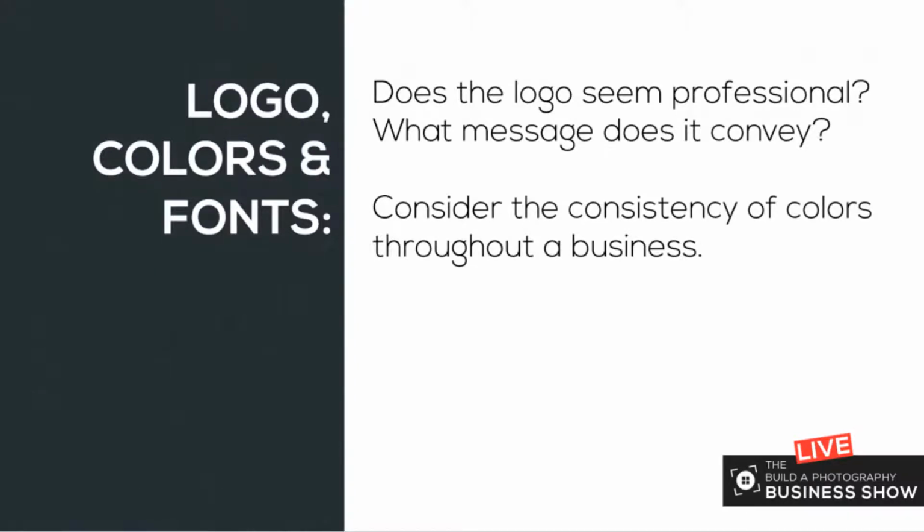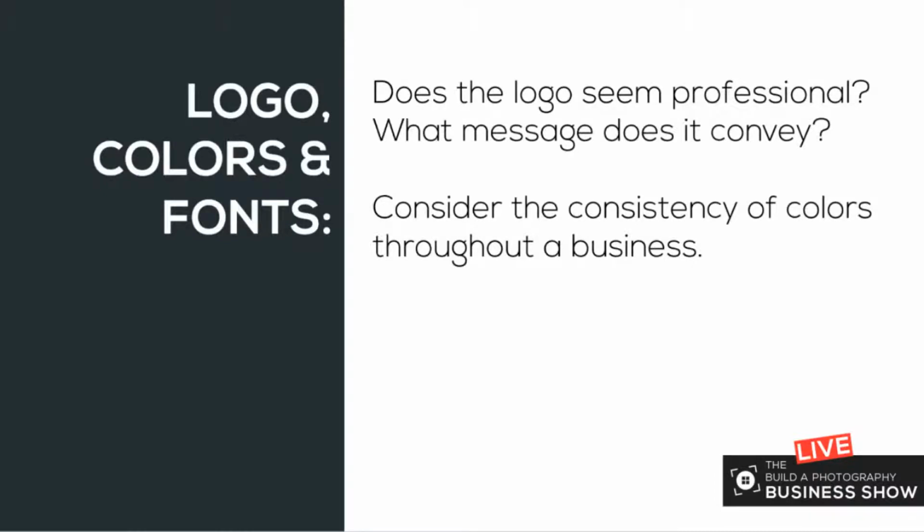So a strong brand will be very intentional with their color use on their website, social media, business cards, everywhere really. Whereas a weaker brand might use different variations of blue, or they'll use one font on their logo, but then use a different font across their website or in other promotional stuff.